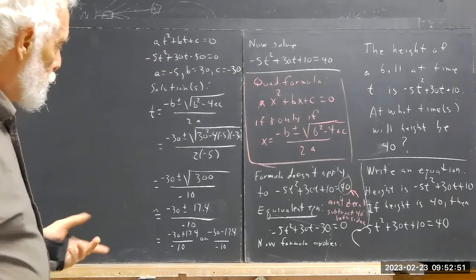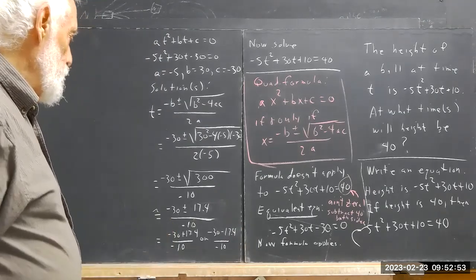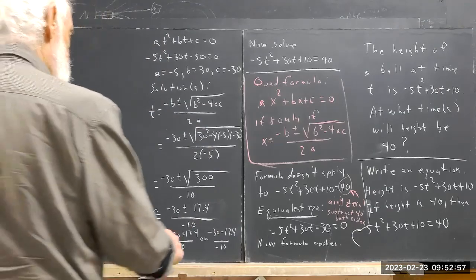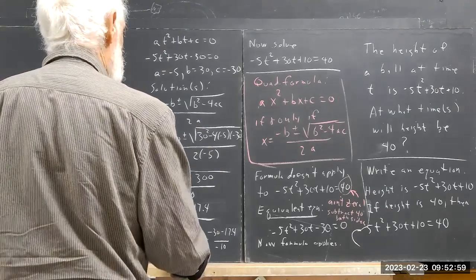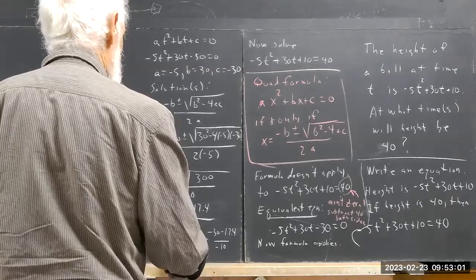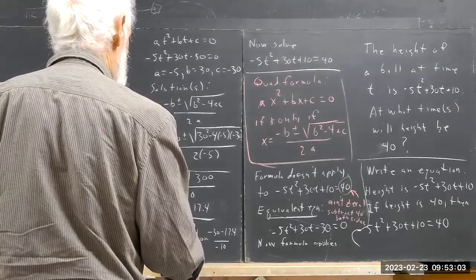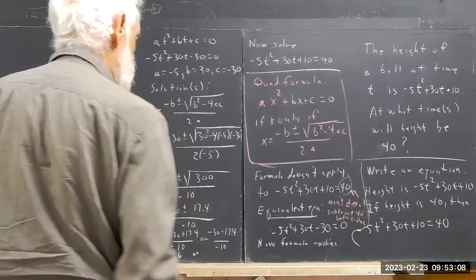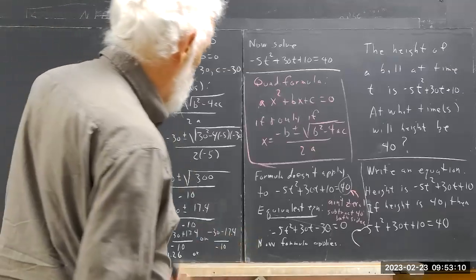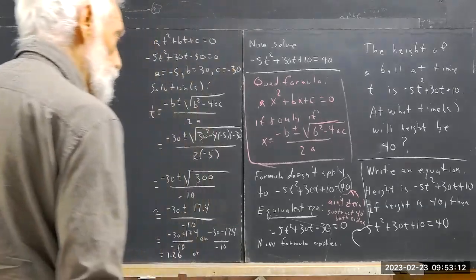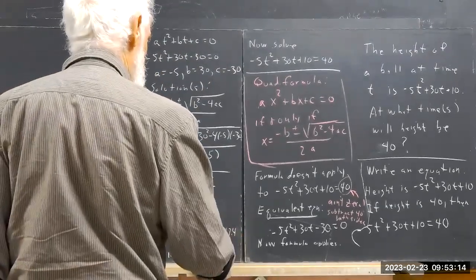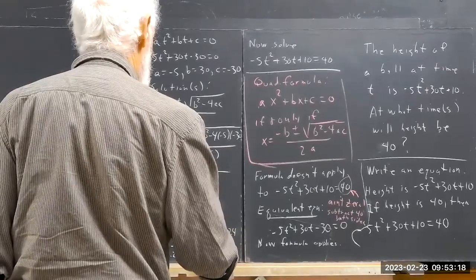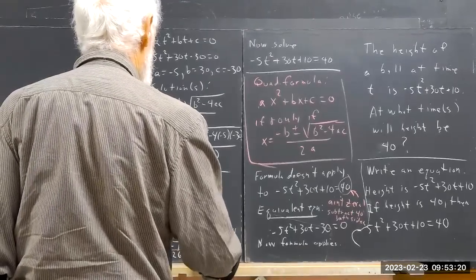And we add those: negative 30 and 17.4 is negative 12.6. You divide that by negative 10, you get 1.26. And here, negative 30 minus 17.4 is negative 47.4. You divide that by negative 10, you get 4.74.